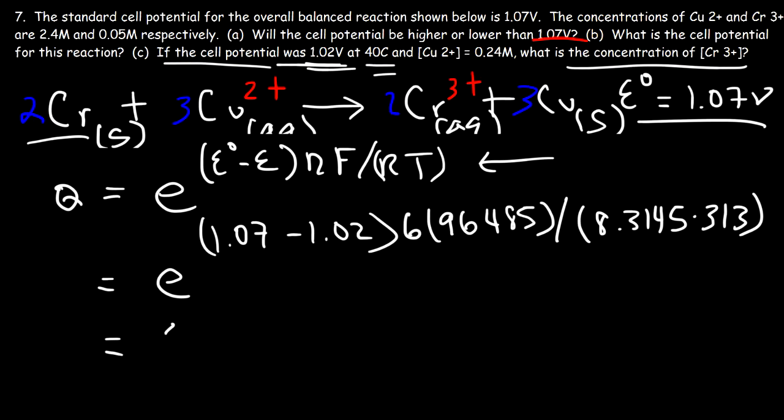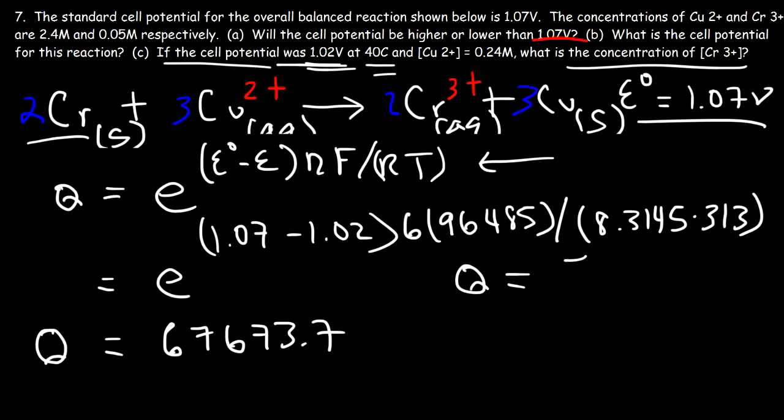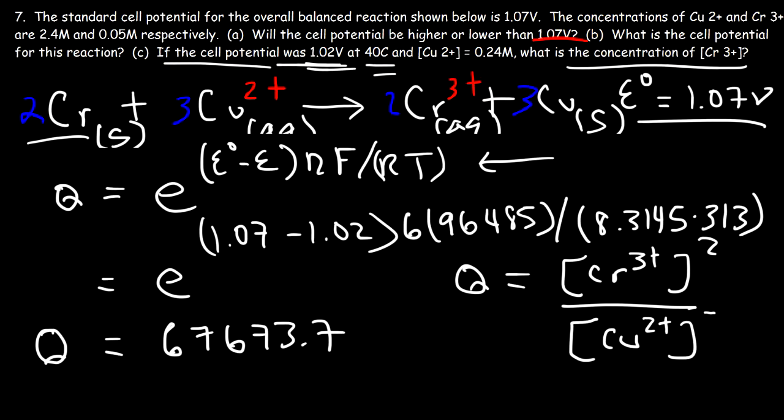So I got 67,673.7. So that's equal to Q. And we know that Q is the ratio of the product ions to the reactant ions. And this is going to be raised to the third power based on this coefficient. So let me get rid of this stuff here.